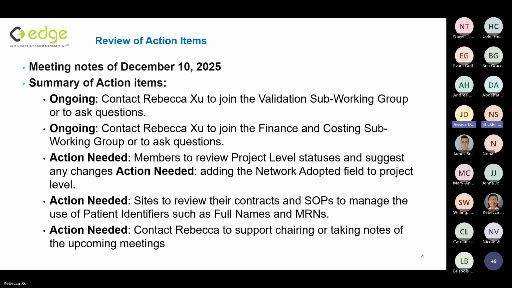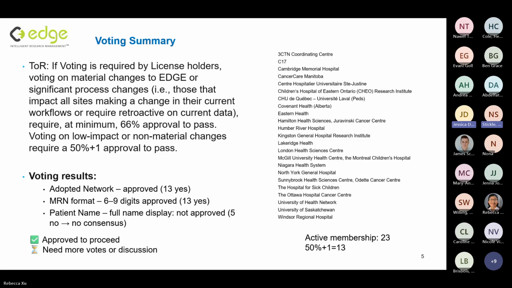Action needed: members to review project level statuses and suggest any changes. I don't know if anyone has thoughts right now, but otherwise perhaps summarizing that into an email would be better for next time.